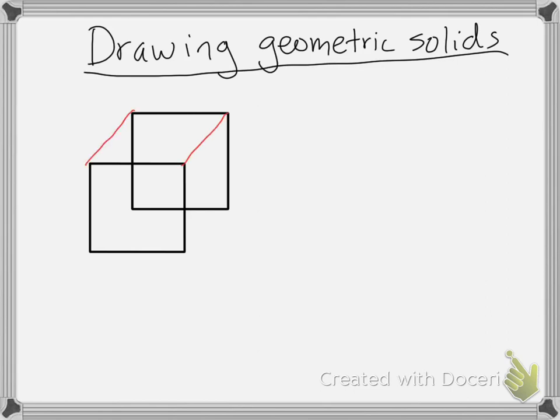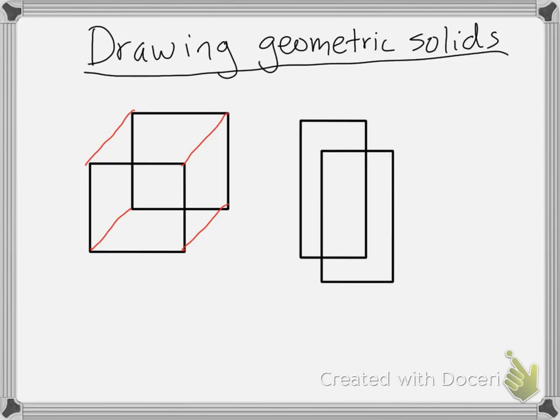So I connect all of the vertices, and there's my cube. With the rectangular prism, it's very similar. You draw 2 rectangles that overlap each other, and then again connect the vertices. Left to left, right to right, bottom left, bottom right. And there you have a 3D rectangular prism.